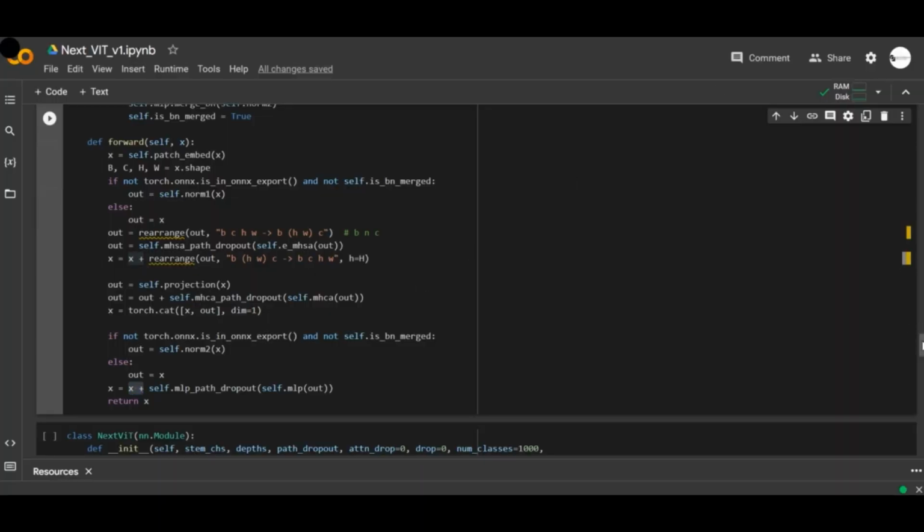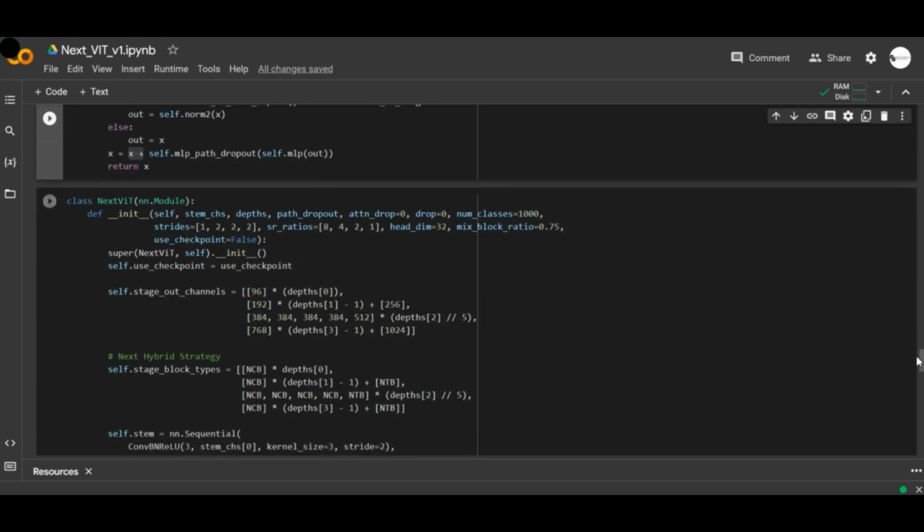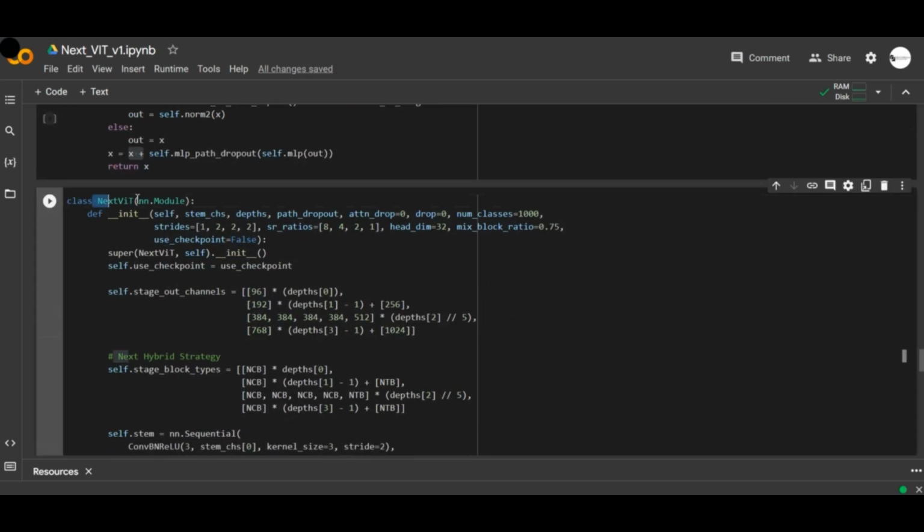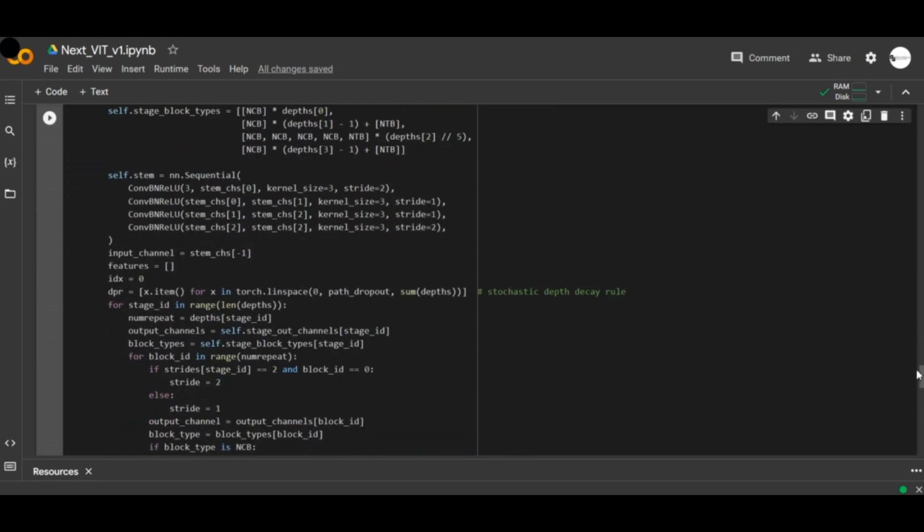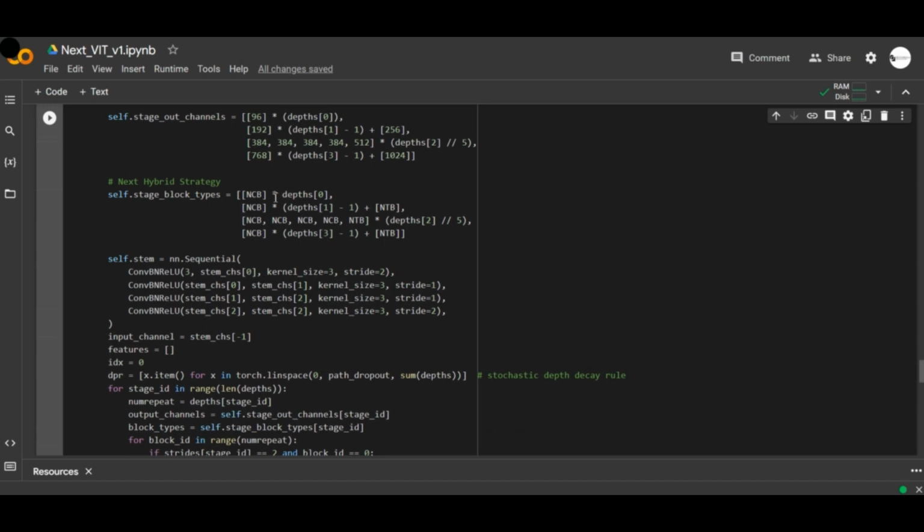And this component here is the last phase. It's the hybrid strategy that I spoke about, how at each level they replicate the next convolutional block, and how they add the next transformer block.